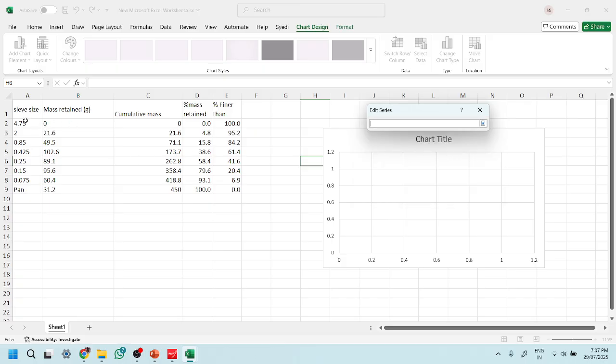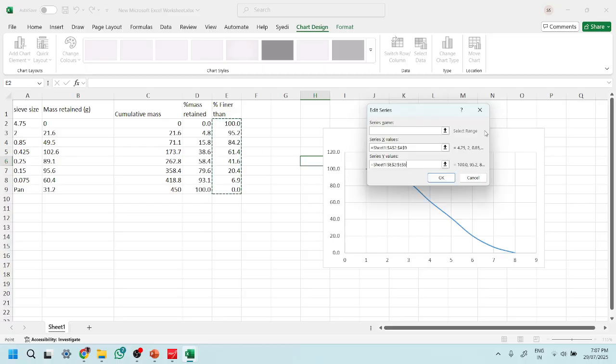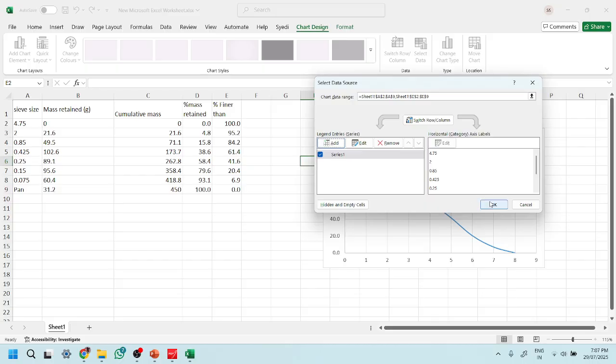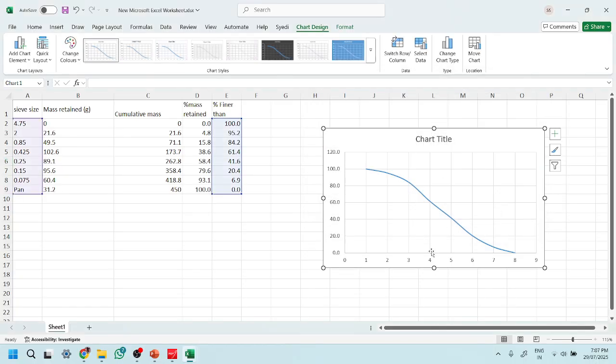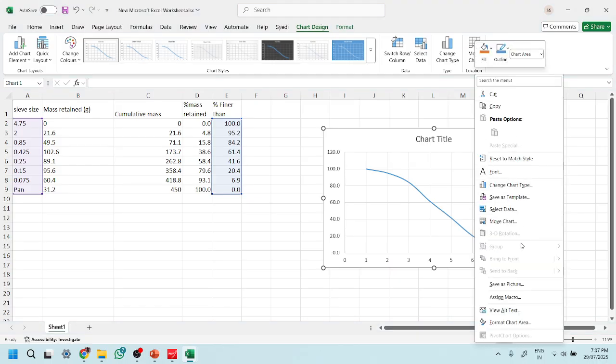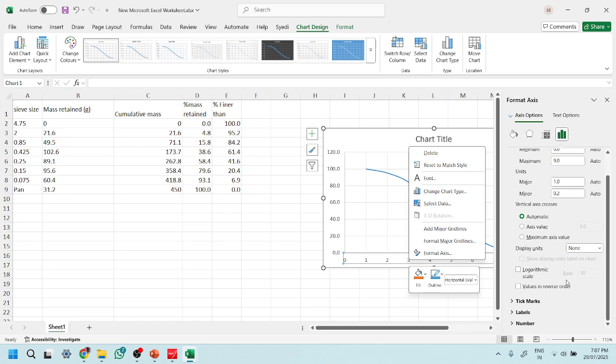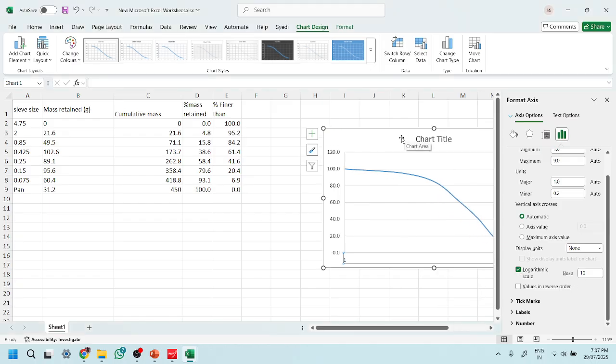X will be your sieve size and Y will be your percentage finer. But you know that the X axis for this graph is on a log scale.